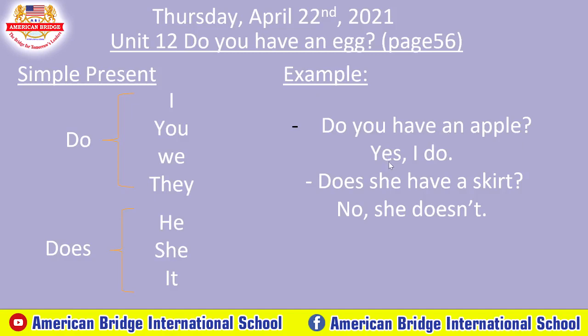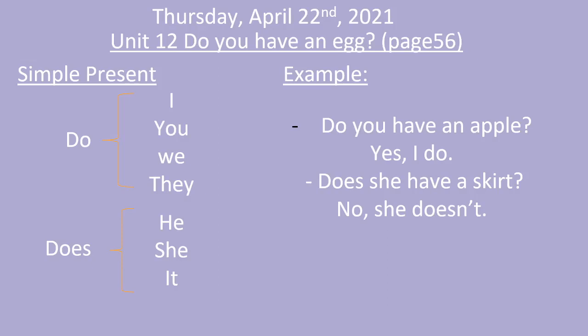The answer, we can say, yes, I do. And the last one is, does she have a skirt? No, she doesn't, right? This one you can write in two ways, one is short form and one is full form. We can say, no, she does not. And this one is the short form, that's why we read it as no, she doesn't, right?